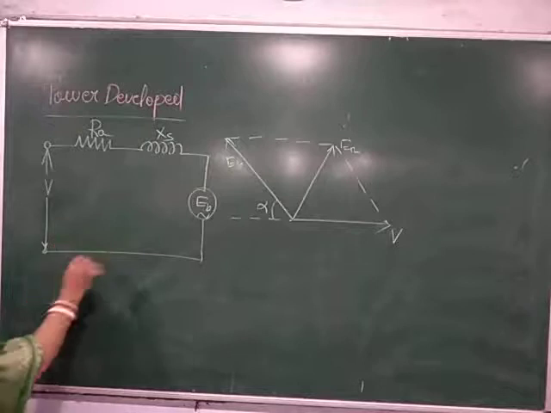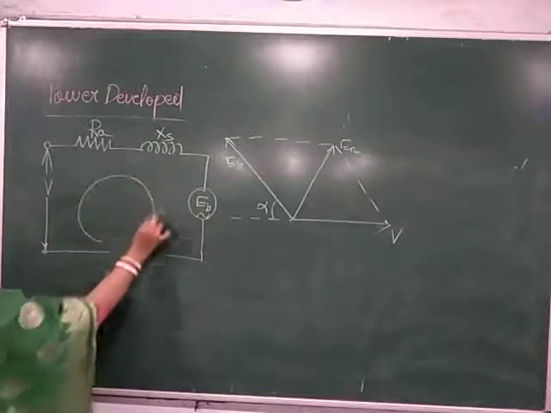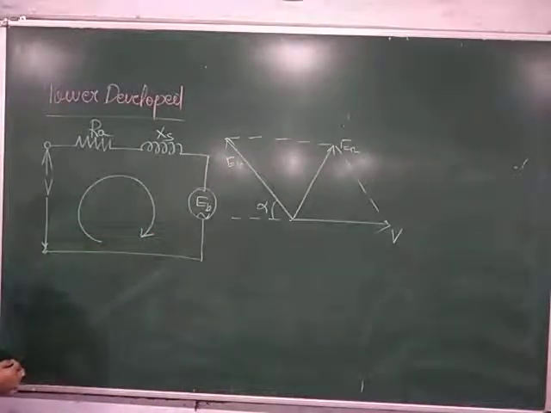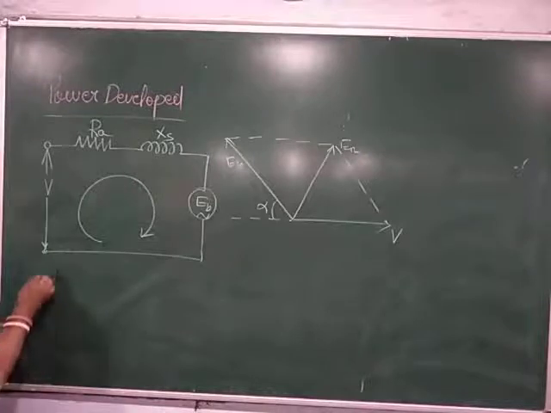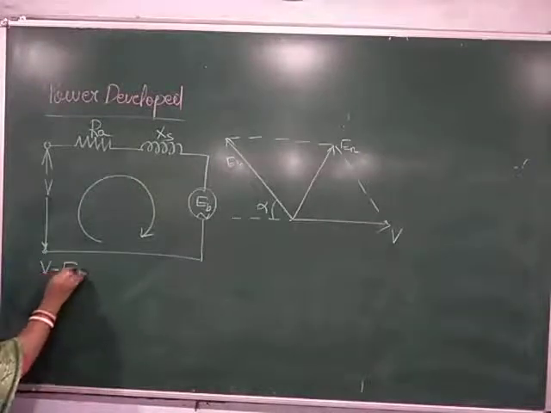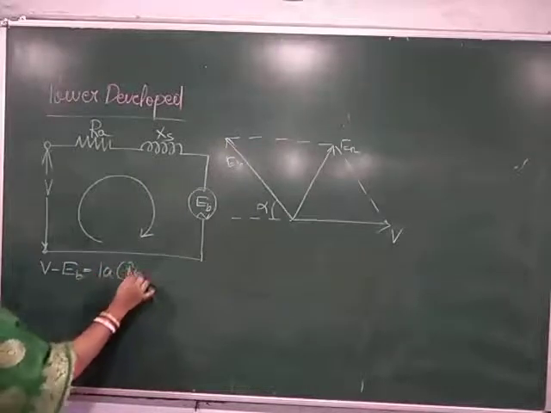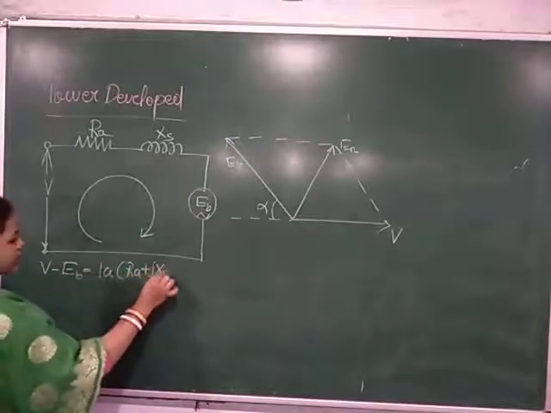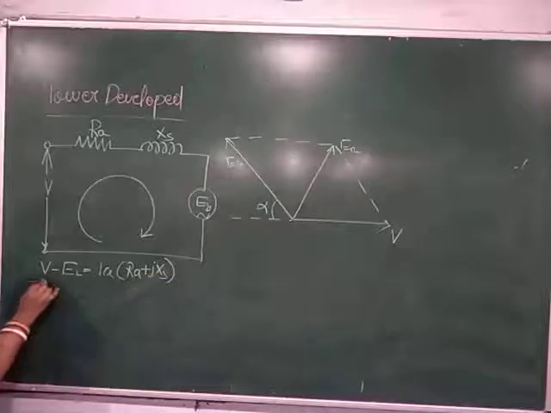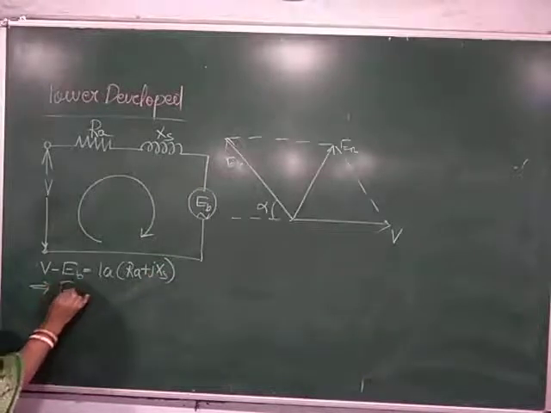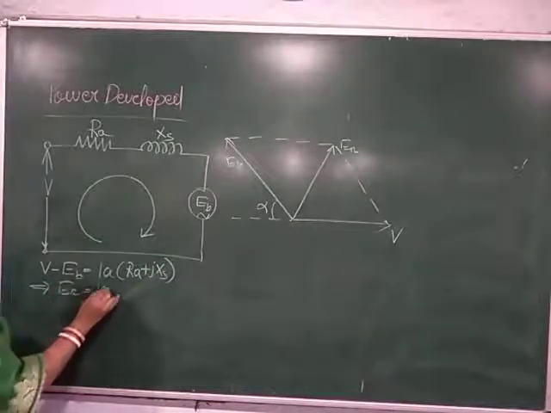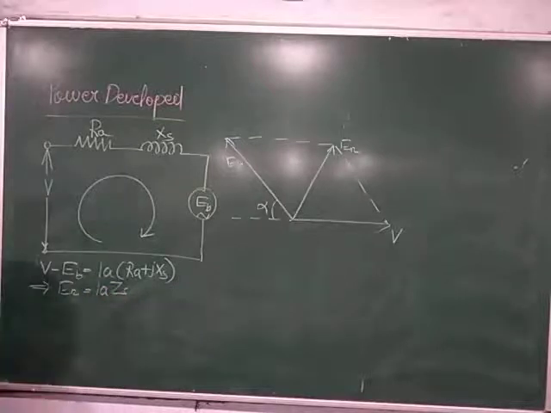How can I get that resultant EMF? If you apply KVL in this equivalent circuit diagram, then V minus Eb is Ia into (Ra plus jXs), whereas this V minus Eb is the resultant EMF, which is Ia into Zs.